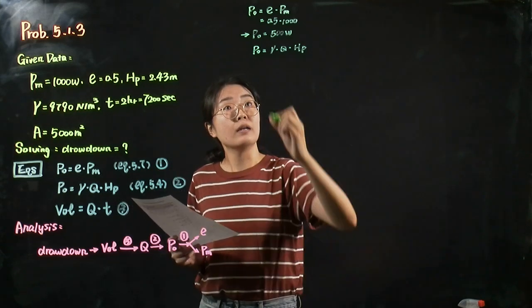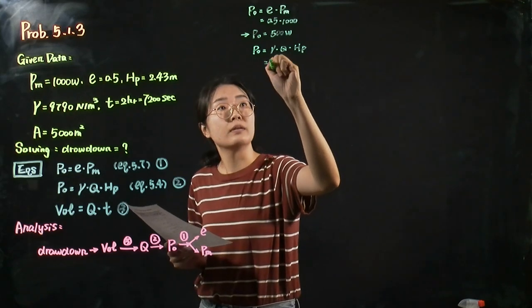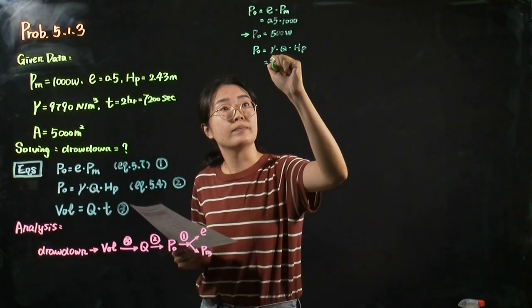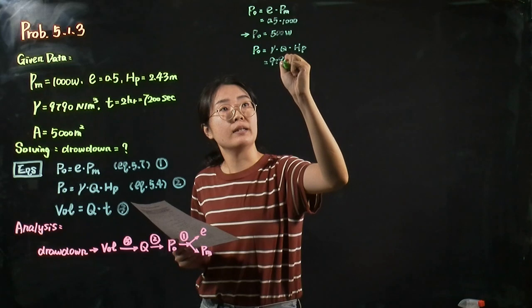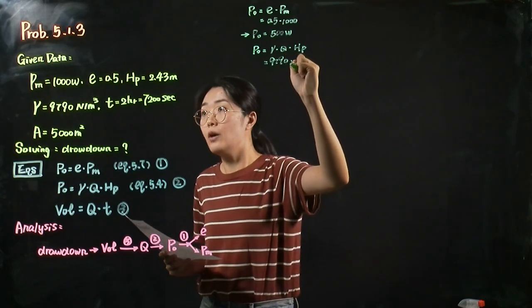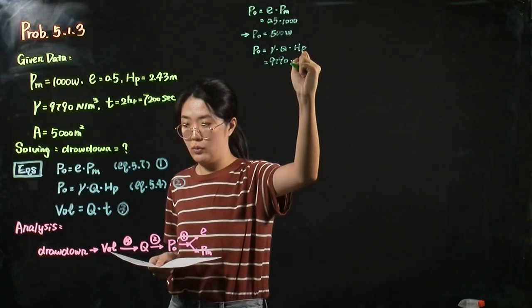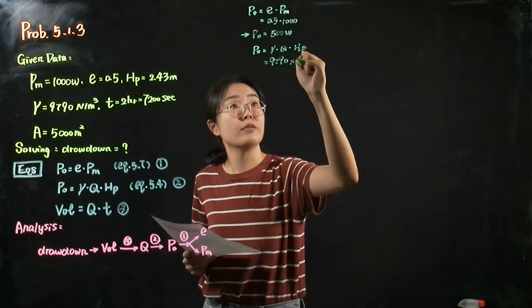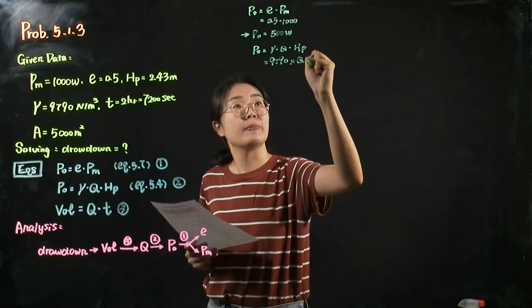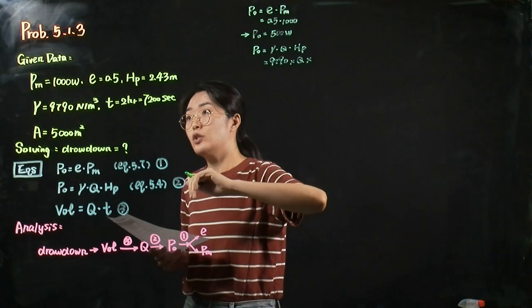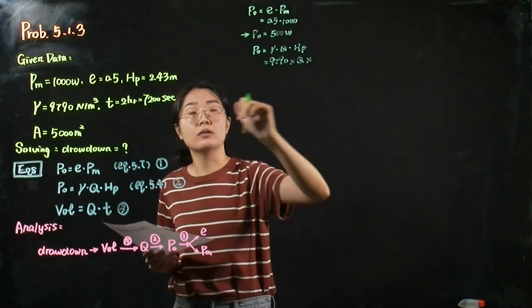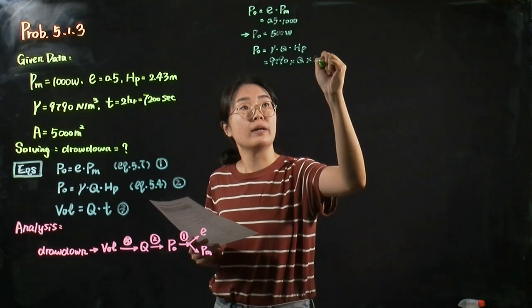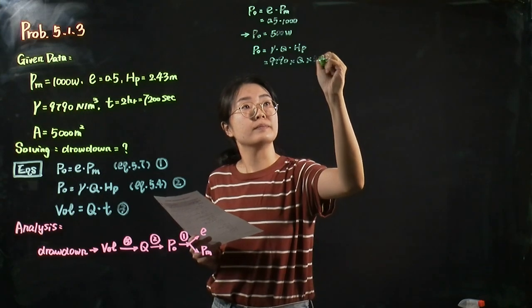It equals 9,790 times the flow rate, which is the unknown, times the total head, which equals 2.43.